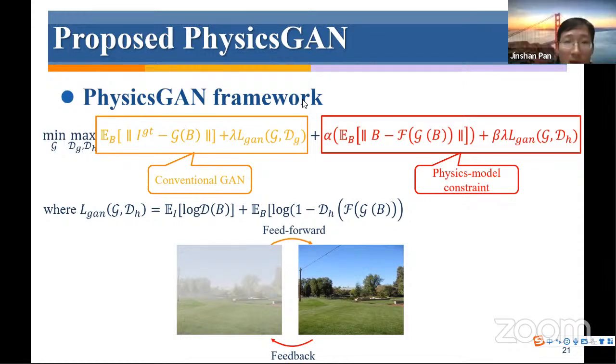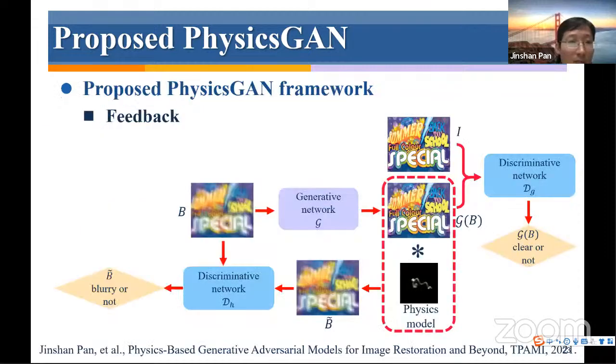Oh, okay. Maybe I will introduce the framework of our method, because in the training stage we use the blur kernels, but at the test stage we only use the feed forward models and don't use the feedback stage, because the feedback stage is only used to constrain the network training.